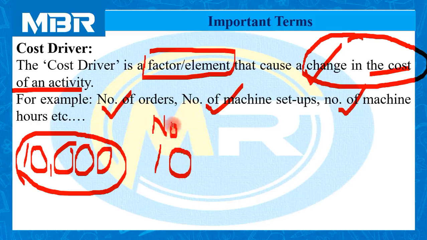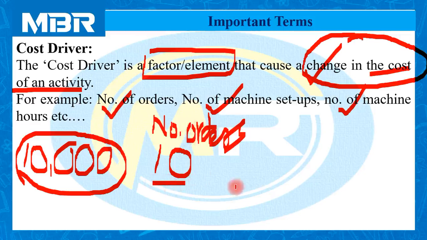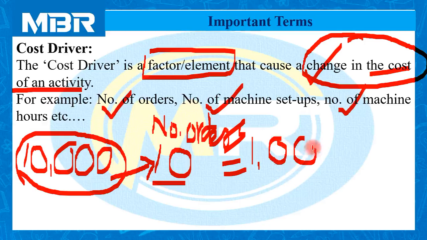How many orders we have placed during the year. Say number of orders are 10. So 10,000 rupees incurred for 10 orders. It means the average cost per order is 1,000 rupees.